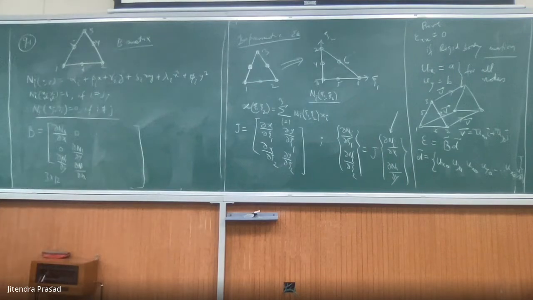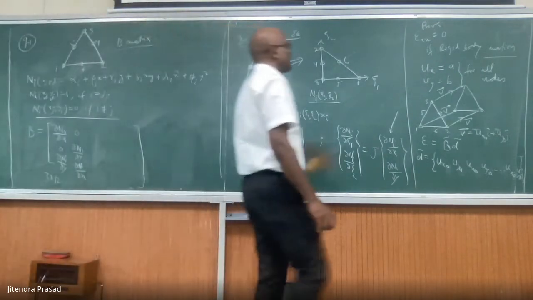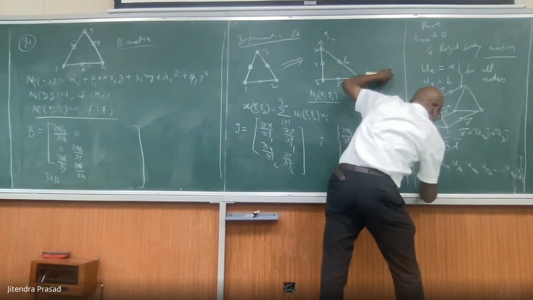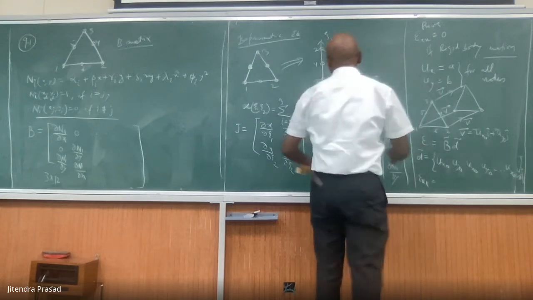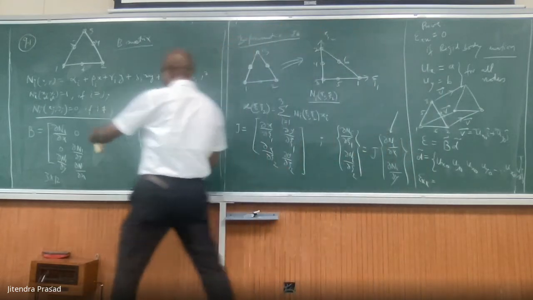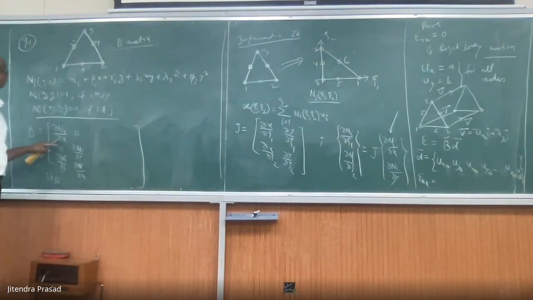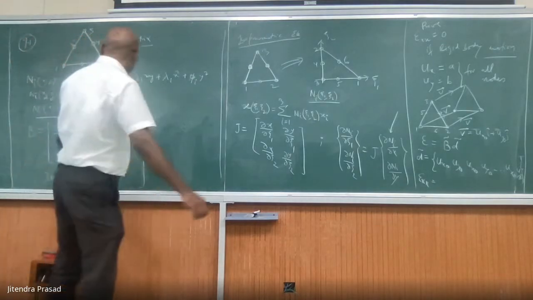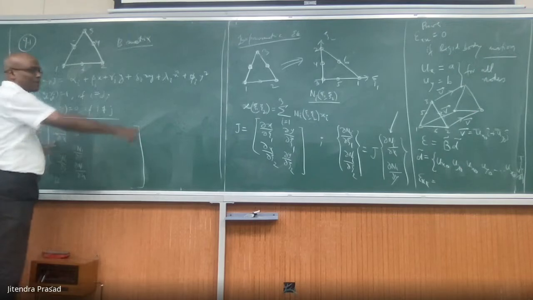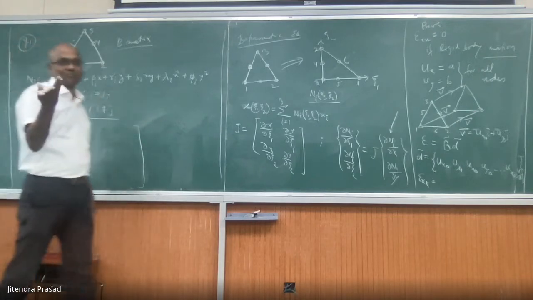Yeah. So epsilon xx, if you have to calculate, will be nothing but whatever the first row is, this one multiplied by that. And automatically, since you know this one, you will multiply by this, you will get 0.